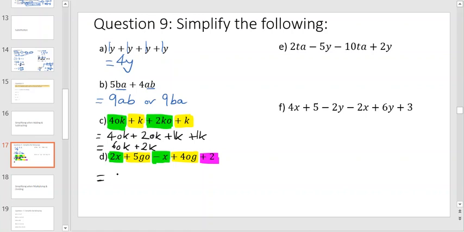Now let's put our like terms together. So if a question wants you to show working out, this is what we want to see. So 2x, take away x, okay? And then I've got, in this example, we'll just write the whole thing, I guess. So +5GO or OG, and +4OG, and then that +2 won't change.